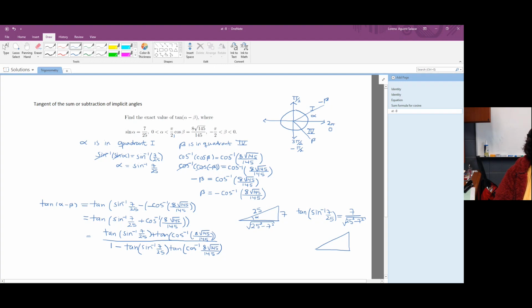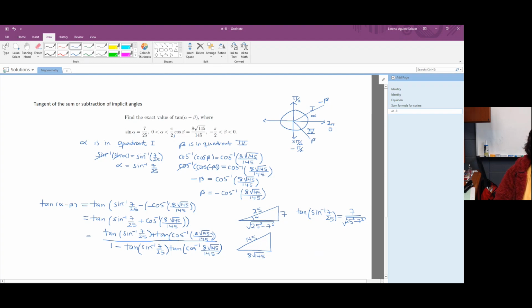And based on what we have here, we need a triangle that has a hypotenuse of length 145 and a side at the ground level that is 8 root of 145 units long. I'm going to drag this triangle to the left because we won't need to write a huge number here.